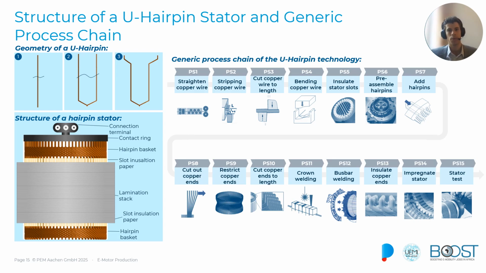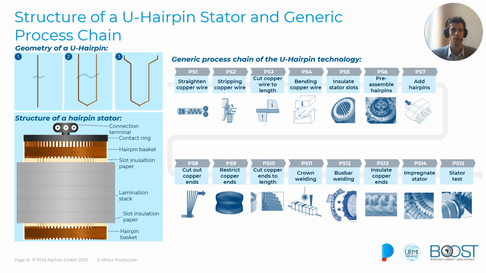The pin itself changes from a straight geometry after the cutting to a U shape before it is inserted in the stator slots. After that, the end gets twisted to align the pin for the welding process.